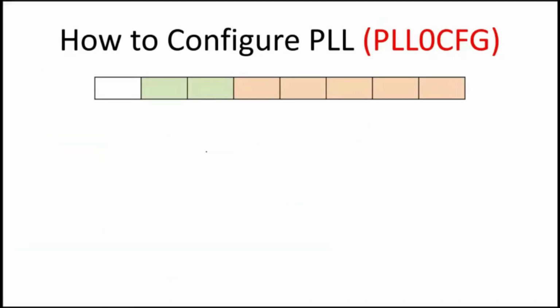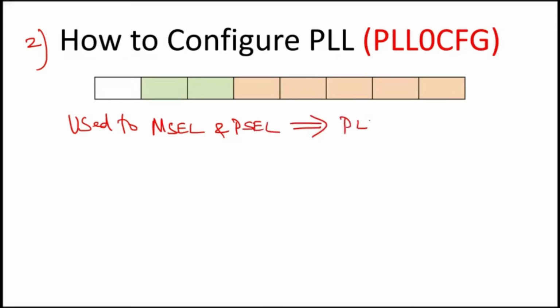Next thing, second thing is the PLL configure register. The PLL configure register is used to load the values of M select and P select and make your PLL generate a 60 MHz output.